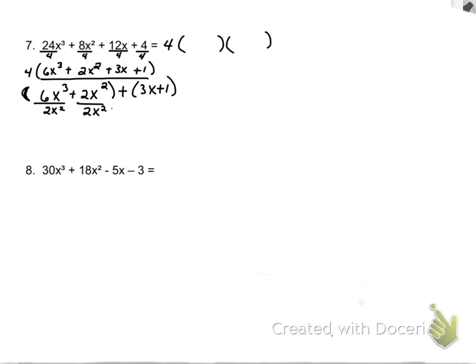So always write your greatest common factor in front. And then that's going to divide and give me 3x plus 1. Okay, if there is no greatest common factor, I want you to write a 1 in front. So in other words, this has no greatest common factor. So I'm going to put plus 1 times 3x plus 1. Okay?